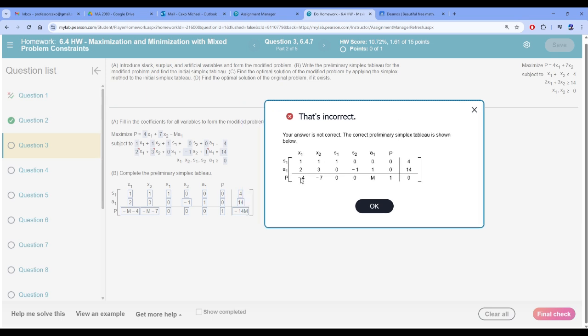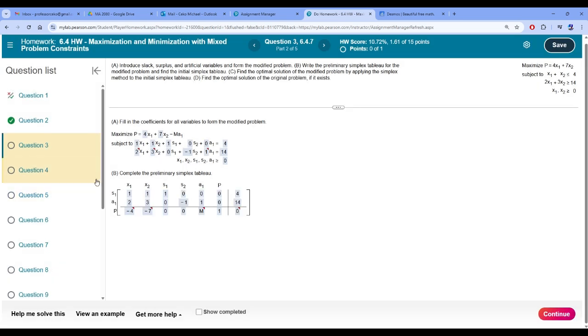I had that. 2, 3, 0, -1, 1, 14. Yes. Ah, dang. A1 should be an M. P is 1, and that's 0. Oh my goodness. Okay. Alright, I understand what they're doing. I just don't get it.